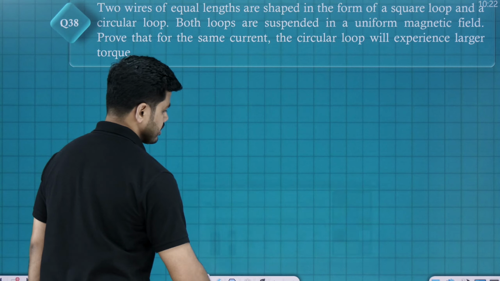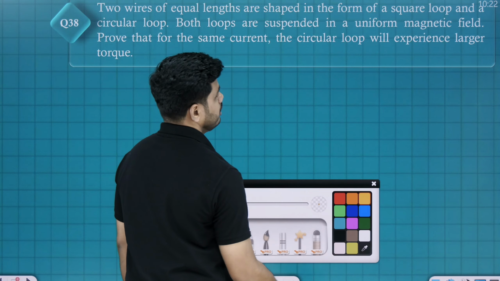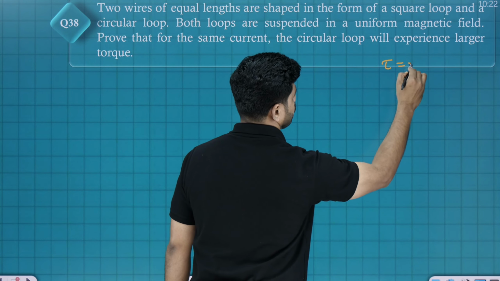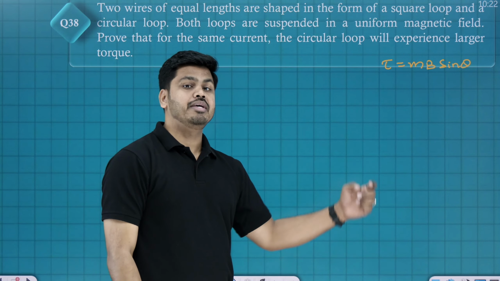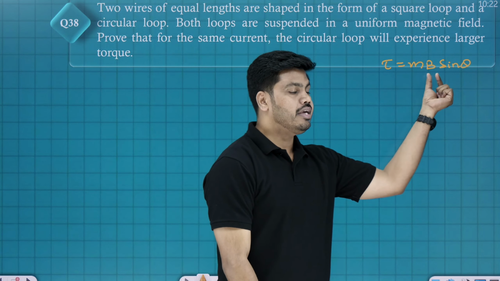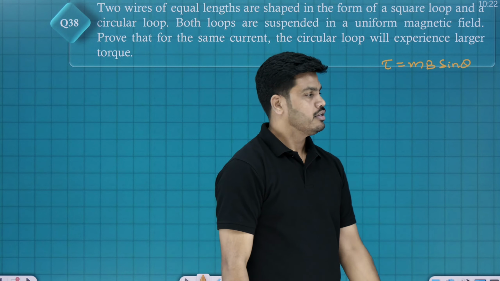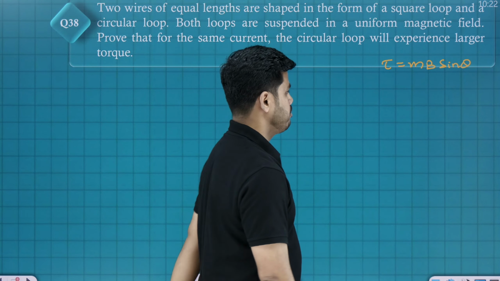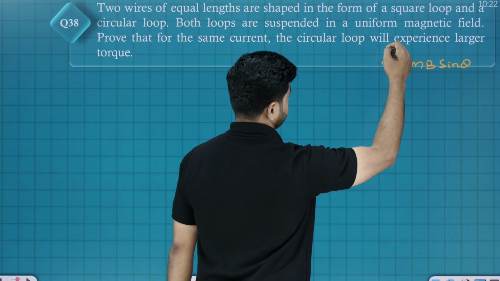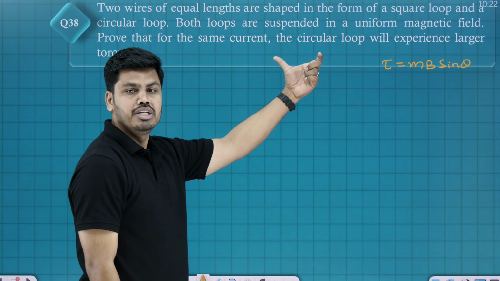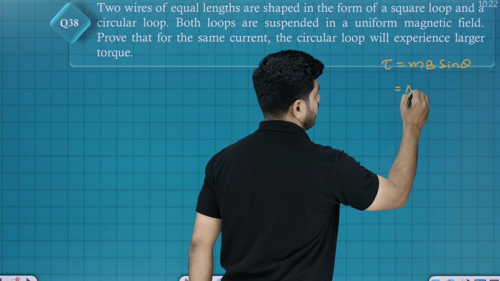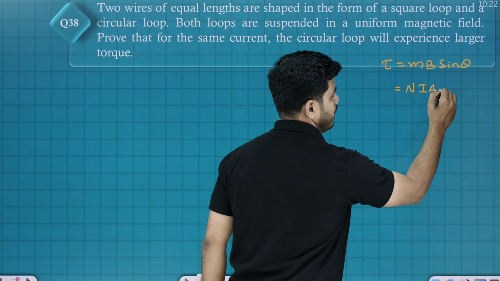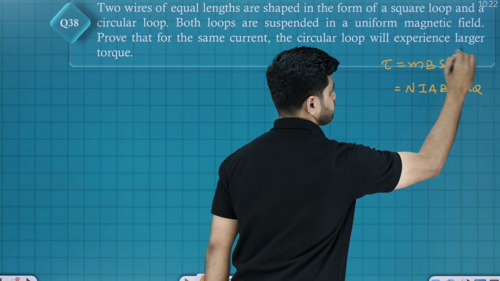Yes, so torque acting on a loop of wire, we know the equation torque is equal to m b sine theta, right? Where m is the magnetic dipole moment, b is the magnetic field strength, theta is the angle between m and b, that we know. But here we have to bring that area into the discussion. See, m, magnetic dipole moment, can be written as n into I into a, right?